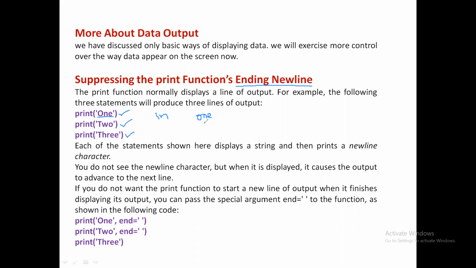That is, 1 will be displayed, and with this slash n the control goes to the next line automatically, where it displays the second string, that is 2.